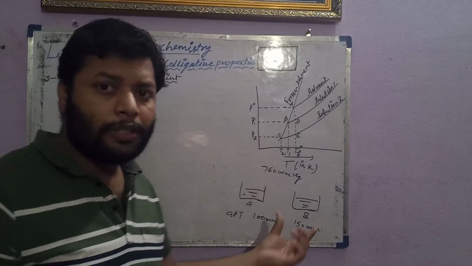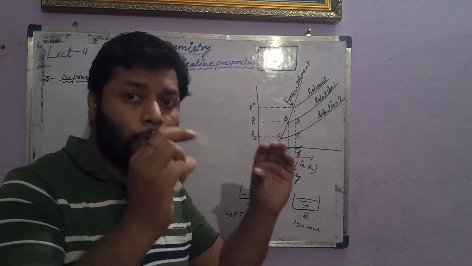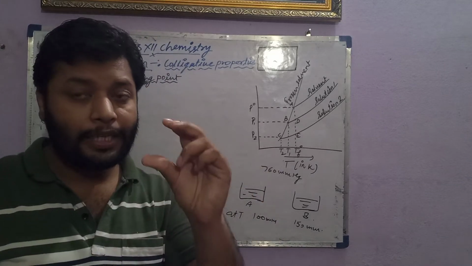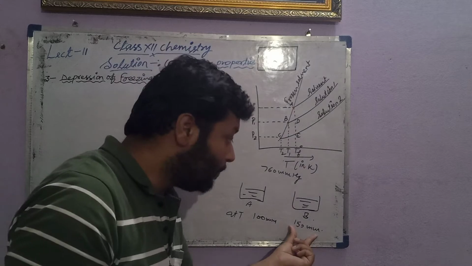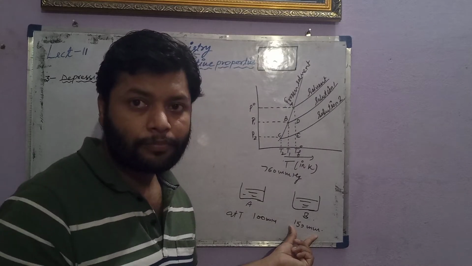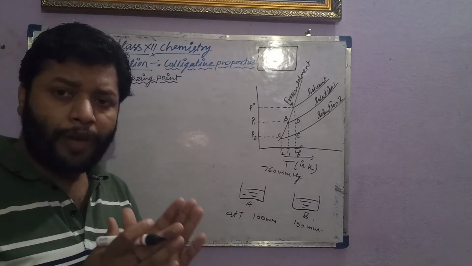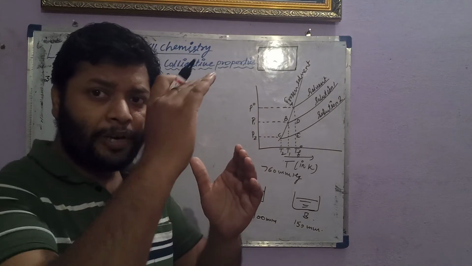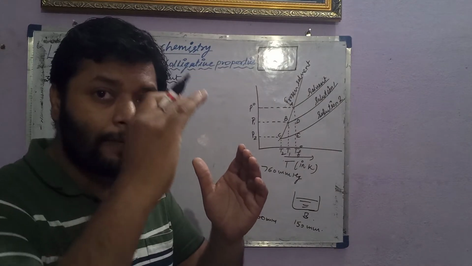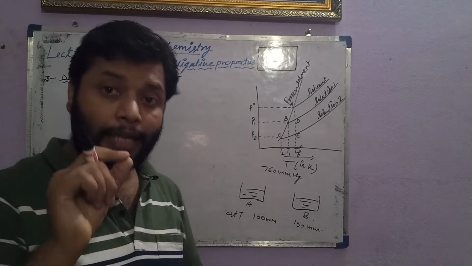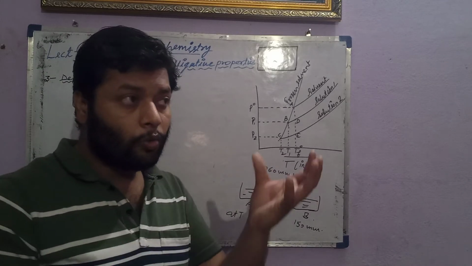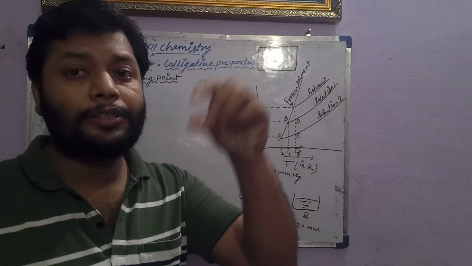That is, solution B has a lower boiling point because it requires a lower temperature to attain the atmospheric pressure. Its vapor pressure is high. So whenever vapor pressure is high, boiling point is always lower. That is inversely proportional.